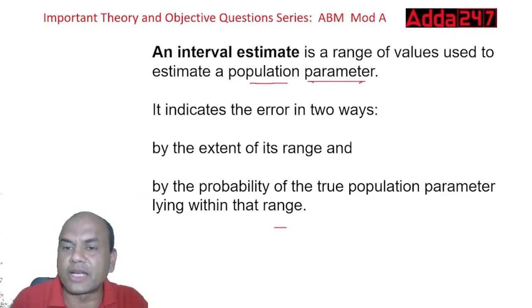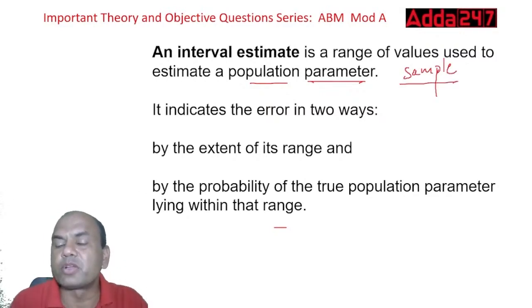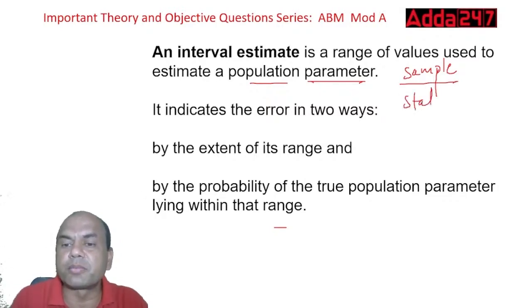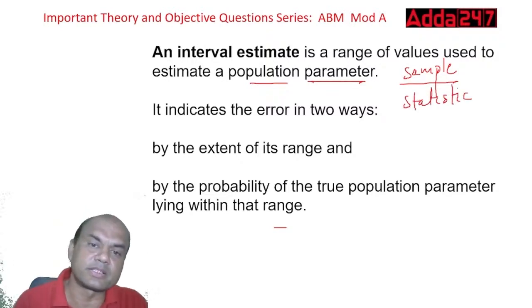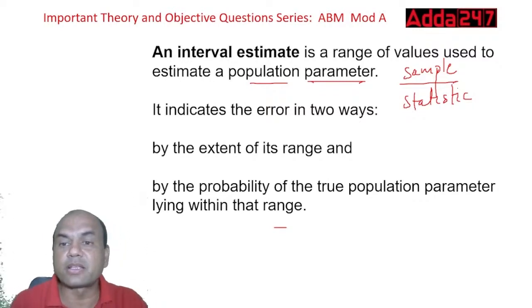And for a sample, which word is attached? Tell me in the comment section. The word is statistic. For a sample, the word statistic is attached, and for a population, the word parameter is attached. So an interval estimate is the range of values used to estimate the population parameter.